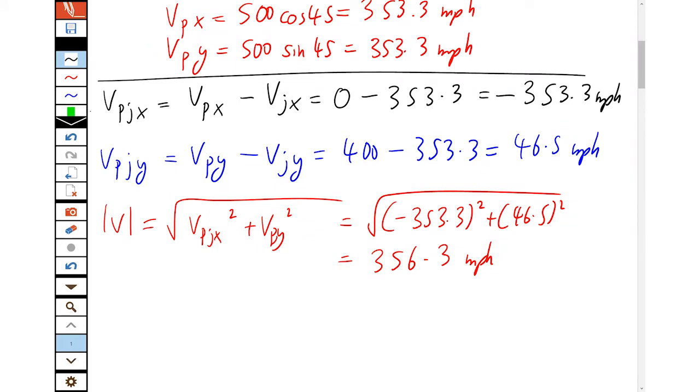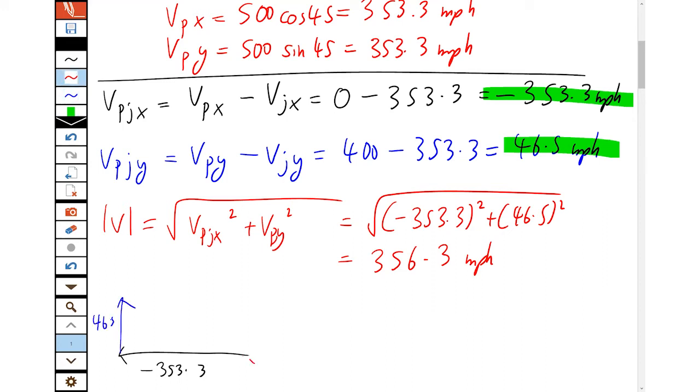Well, if we look at it, the x component is minus 353.3, so that's in the minus direction. And the vertical component is 46.5.